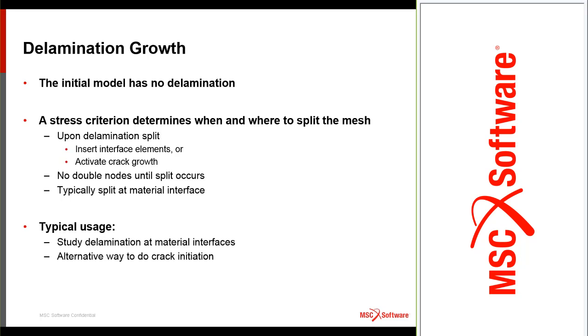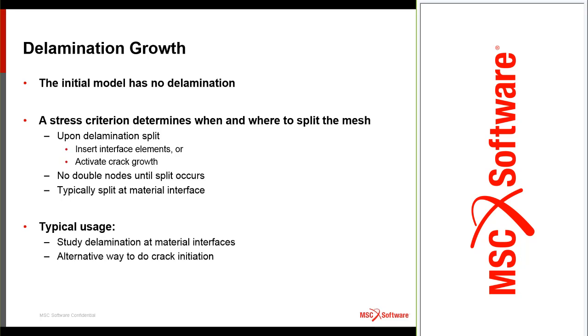So suppose you have a composite structure, and you want to see what happens if you get delamination between layers of the composite. You would model each layer with elements, but you don't know where it will occur. So you just have this model without double nodes or anything like that, and then we have a stress criterion which says when this is fulfilled, you split the mesh.